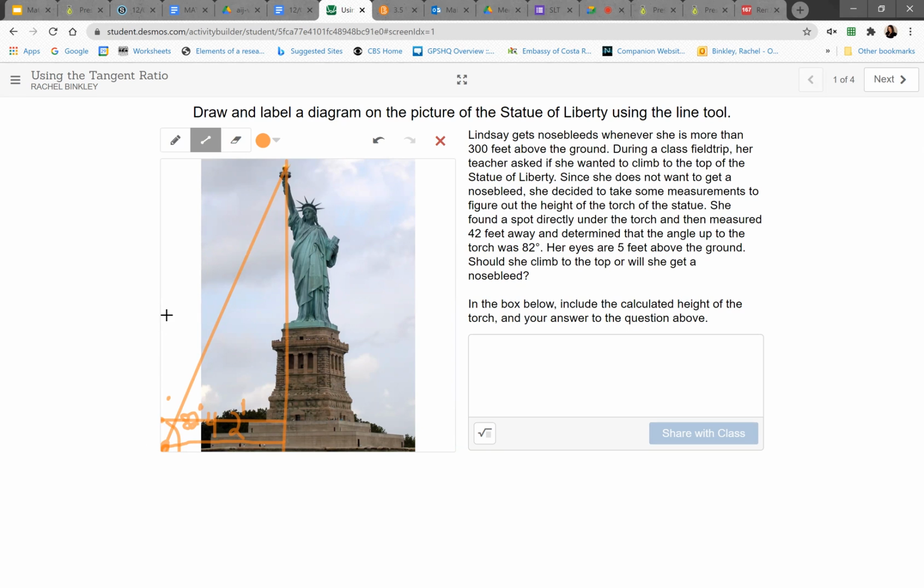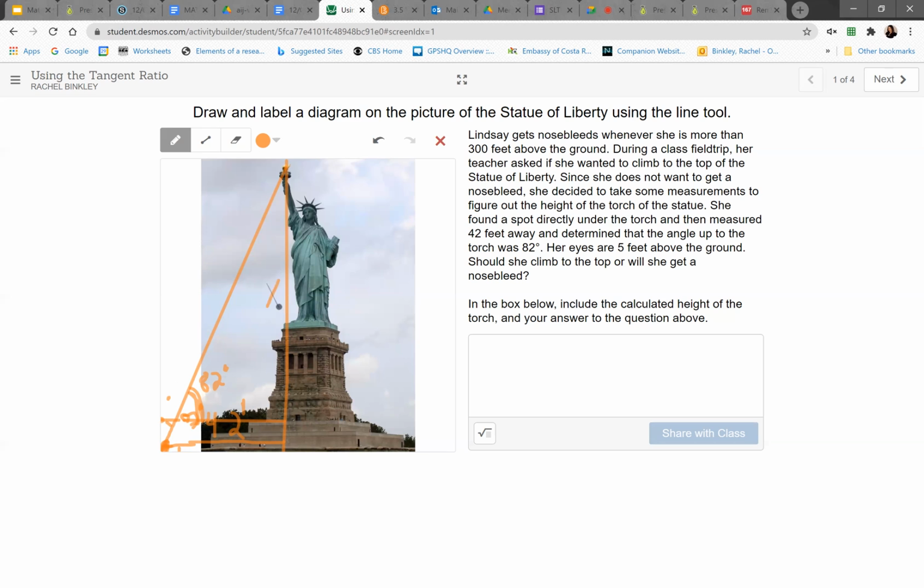So the angle, let's move that angle up a little bit. The angle is actually up here where her eyes are, and that's what's 82 degrees. So we're trying to figure out how tall it is.